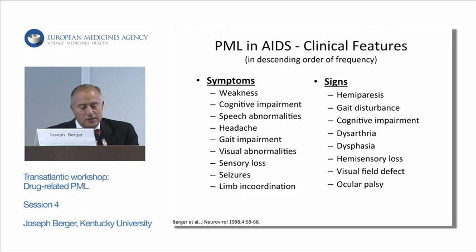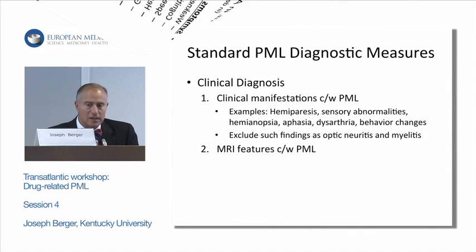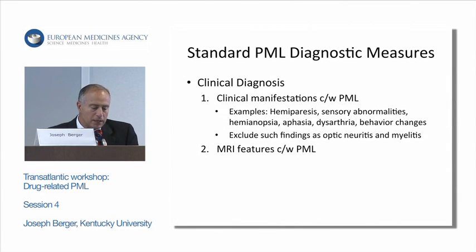And what you see is that patients will present commonly with weakness of one side of their body, gait disturbance, cognitive problems, behavioral problems, speech and language abnormalities, hemisensory deficits, visual field deficits, and even ocular palsy. So these are the types of manifestations that one might see as the seminal manifestations of PML. So you have clinical manifestations.